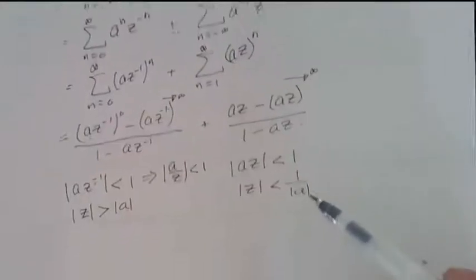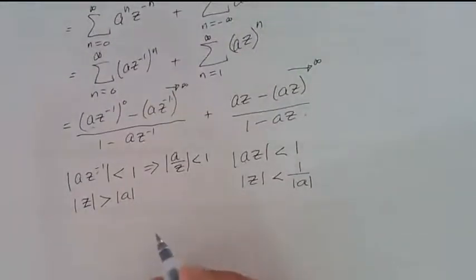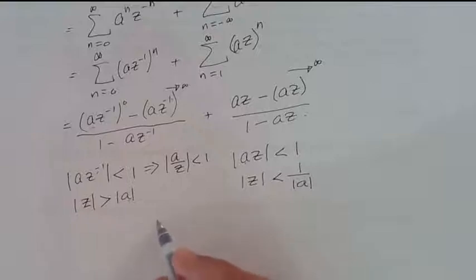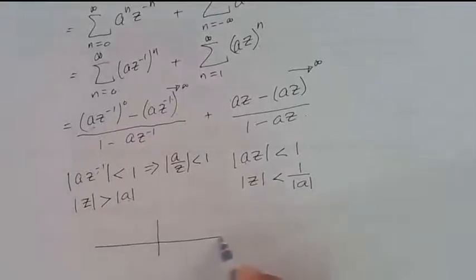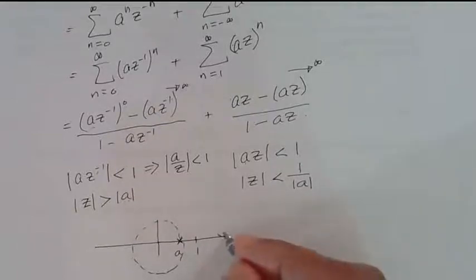Okay, so let's take two cases, where a is greater than 1 and where a is less than 1. Where a is less than 1, let's suppose a is somewhere over here, and this is 1, and this is a, right? Then this says that the region of convergence is outside of this circle. And if a is less than 1, then 1 over a will be greater than 1, so 1 over a will be out here.